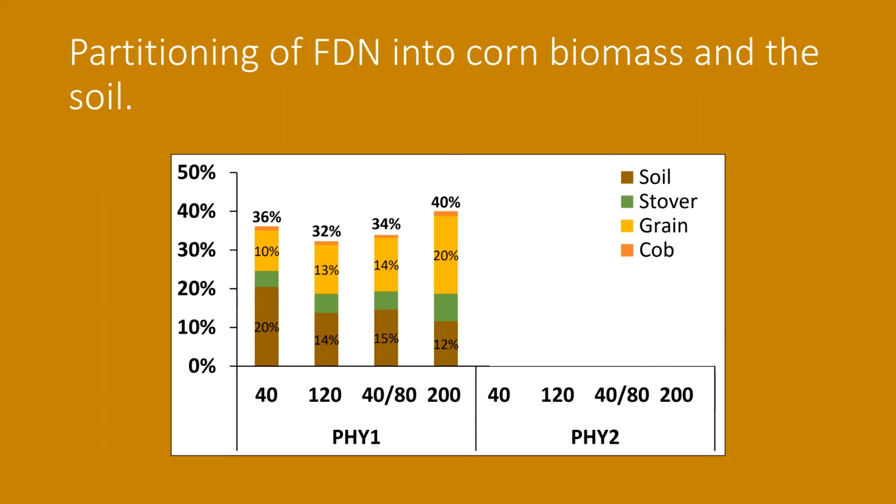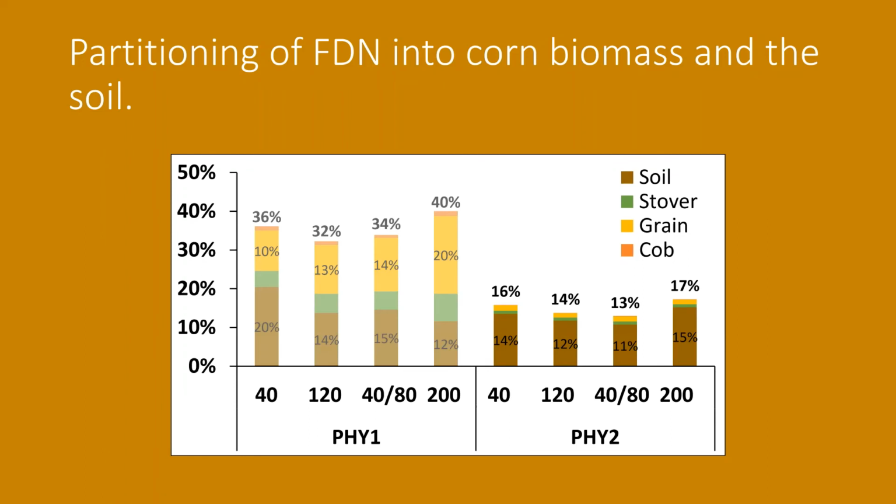And so this may suggest that pre-plant urea really may not be the most efficient source for years with extremely wet spring conditions. In drier conditions, it may not lose quite as much. By the end of the second year, only 13 to 17% of the fertilizer-derived nitrogen was still found in that soil-corn system.